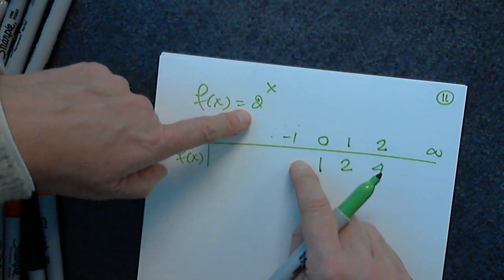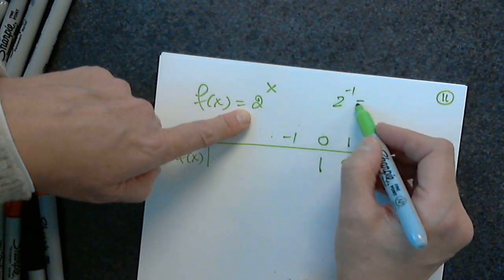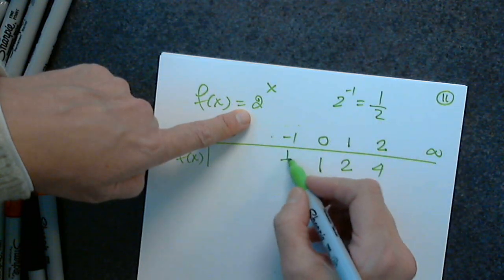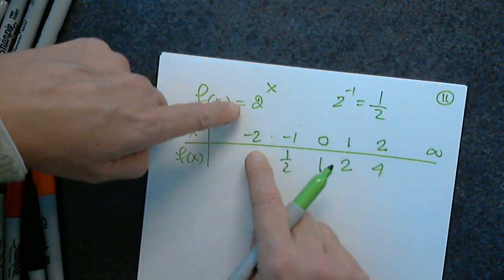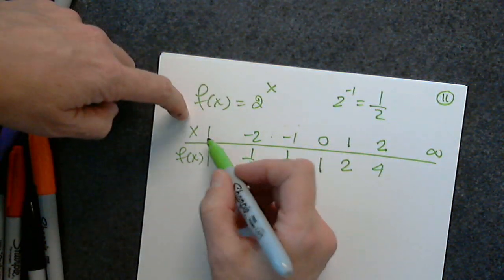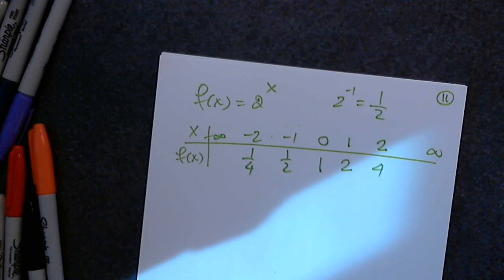Can I raise it to negative 1? 2 raised to negative 1, we know this represents 1 over 2. Exactly. Let's raise it to negative 2. Excellent. So obviously this is a nice, friendly function. Why?